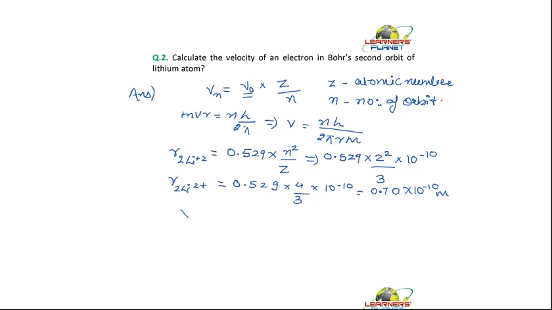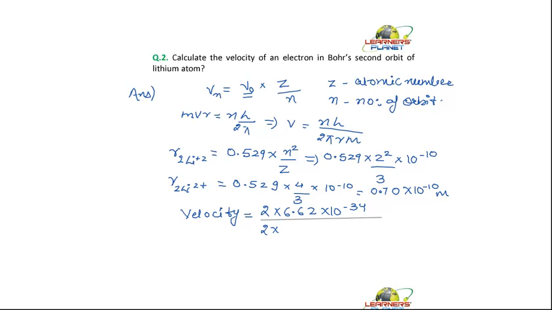Okay? Now, what will the velocity be equal to? Velocity in the second orbit will be equal to n, that is 2, multiplied by h, Planck's constant, which is 6.62 into 10 to the power minus 34, divided by 2 pi.